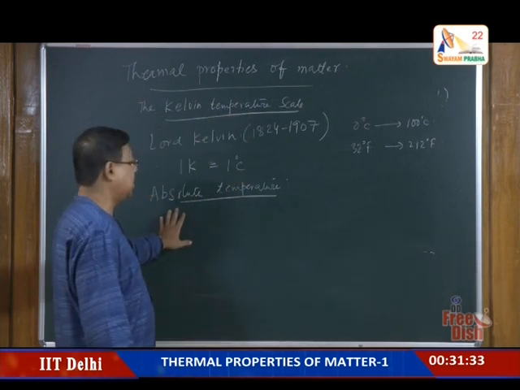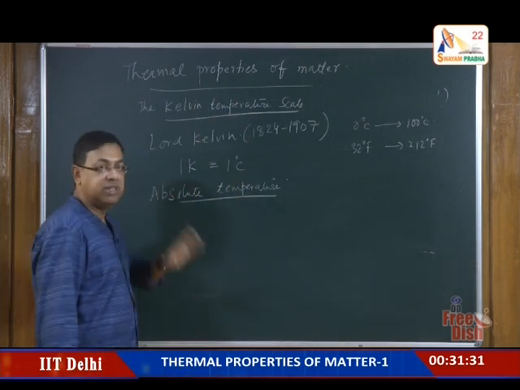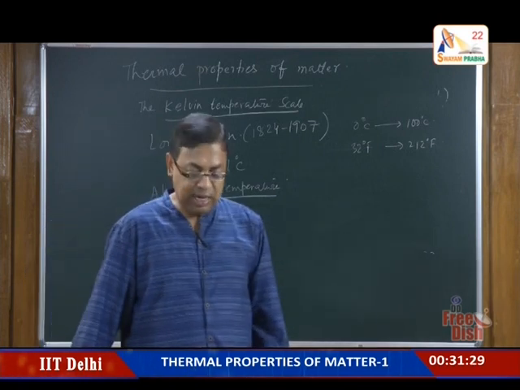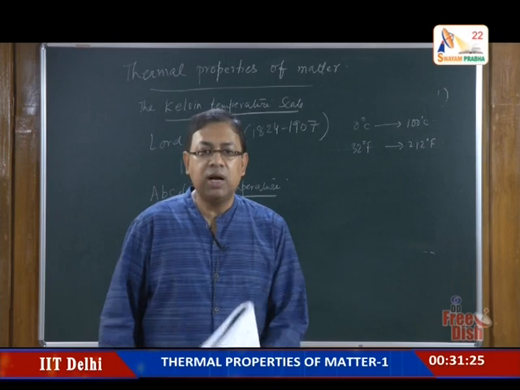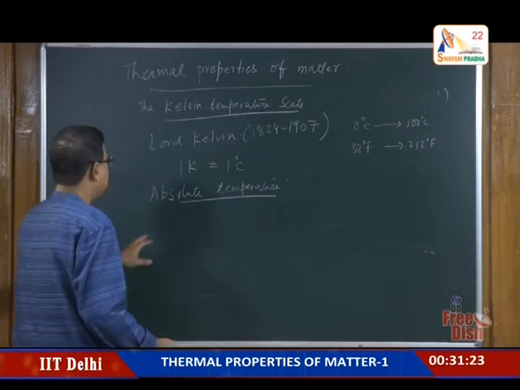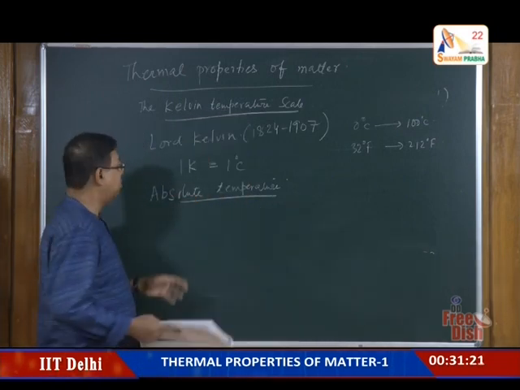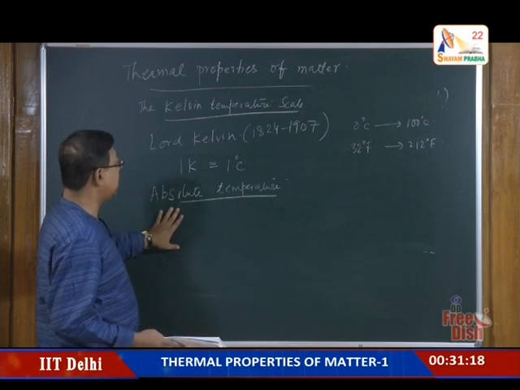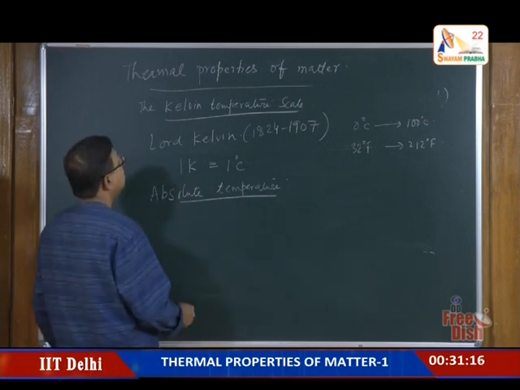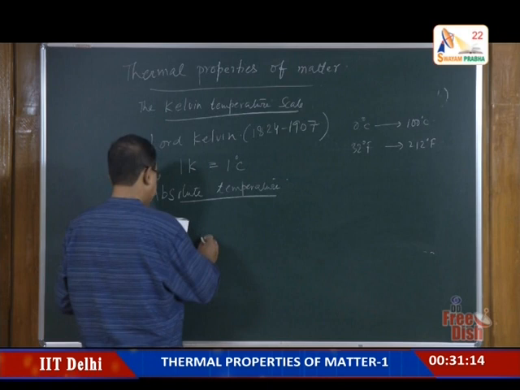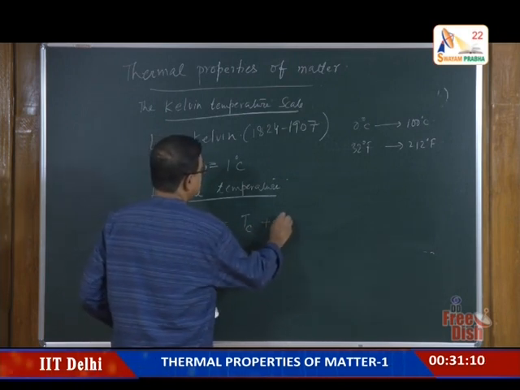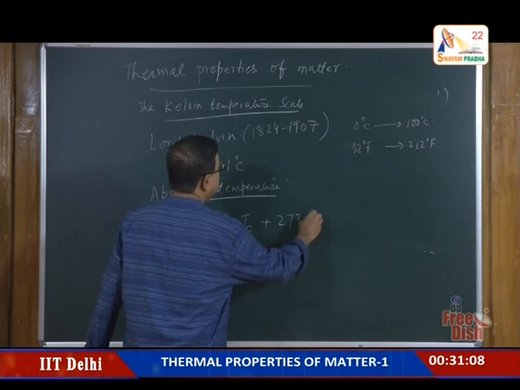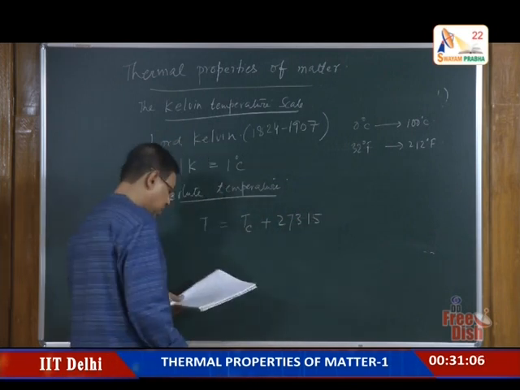And this is exactly what the Kelvin temperature scale does. So, there is a conversion possible between the Celsius scale and the Kelvin temperature scale, and the relationship is very simple. It's a linear relationship: T = Tc + 273.15.